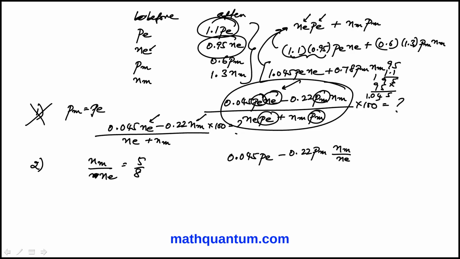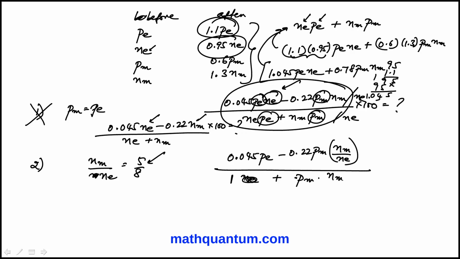What I'm doing is trying to create that ratio that's given in statement 2. And then we'll have N_E over N_E, which would be 1, and then P_M times N_M over N_E. You'll see this is what's given to us as 5/8.